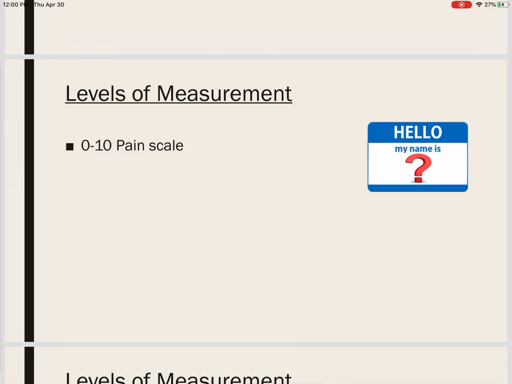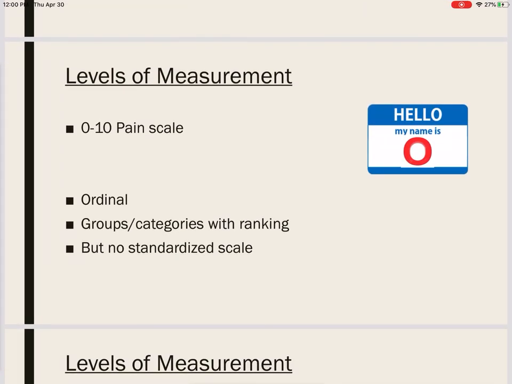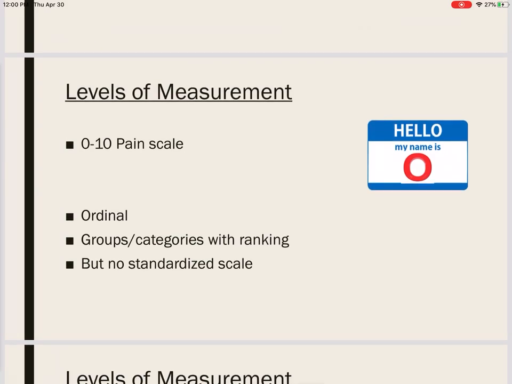Ooh, this is a tough one. Good thing you have me to help you along here. 0 to 10 pain scale. Nominal, ordinal, interval, or ratio. Pause the video, really think about it. Welcome back. I know you thought about it and you're going to be correct.